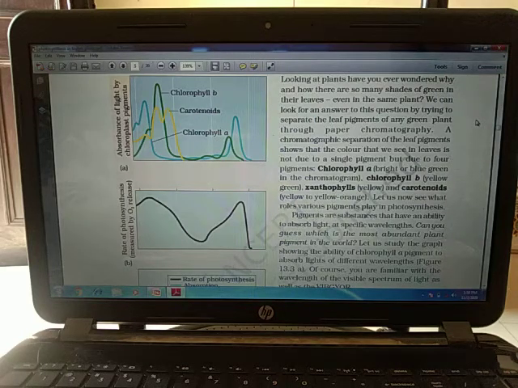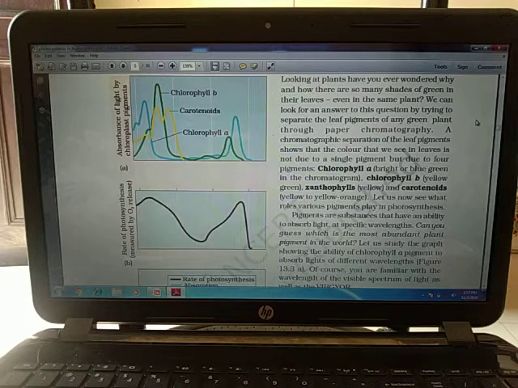Next, three xanthophylls, that is violaxanthin, antheraxanthin and zeaxanthin, take part in the dissipation of excess energy by converting it into heat.